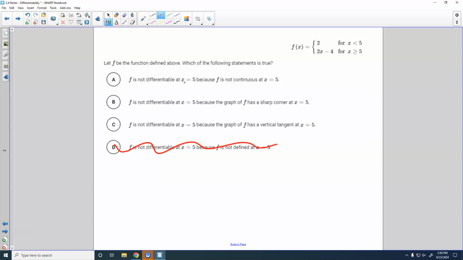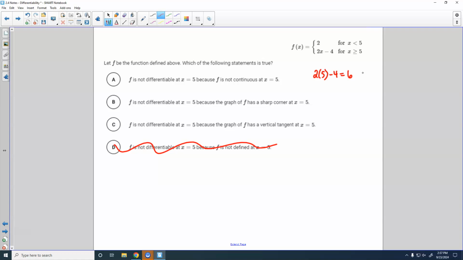Now, I would have to do limit notation if this were a free response question, but it's not. So when I do the limit, I'm really just plugging 5 into the top and bottom, right? In the top, what am I going to get? 2. In the bottom, I'm going to do 2 times 5 minus 4. And that is going to give me 6, which is not 2, right?